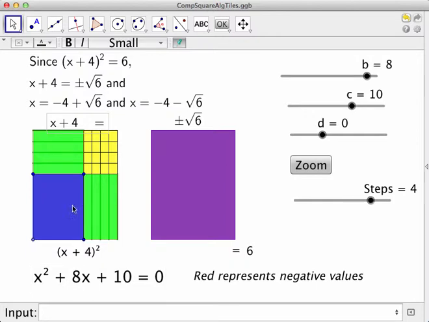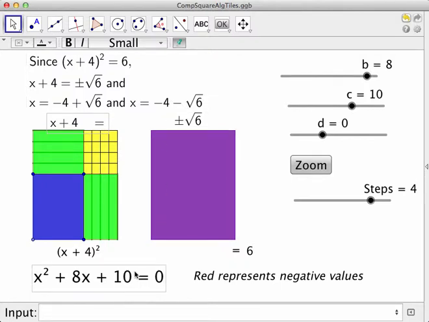Well, the first thing to recognize is that the number -4, which appears in both solutions, is equal to half of this middle term multiplied by -1. So the middle term here, the coefficient, is 8. So half of that multiplied by -1 is -4 and -4.